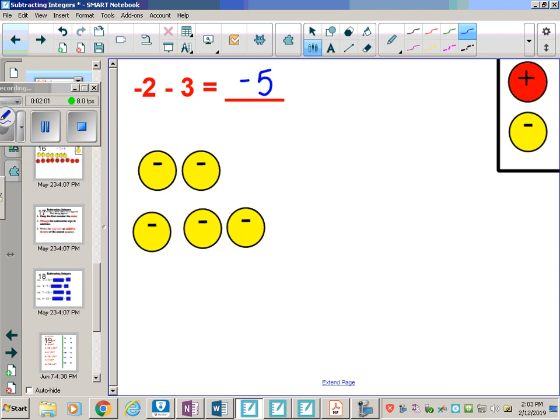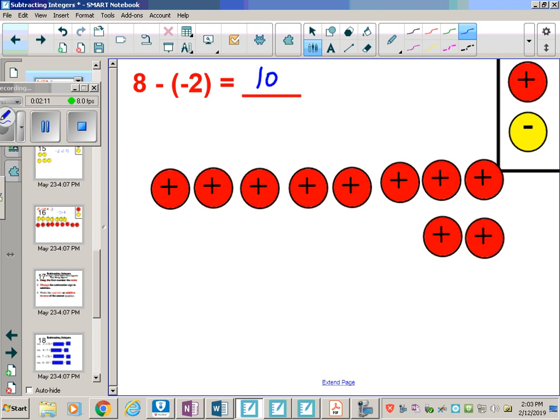The one before it, negative 2 minus 3, really becomes negative 2 plus negative 3. And then 8 minus negative 2 really looks like the problem 8 plus positive 2. So hopefully this should sort of explain to you what our rule is going to be for subtracting integers.